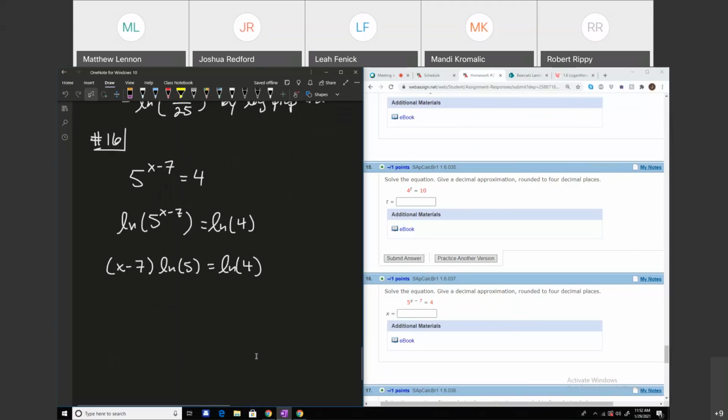I'm going to keep, let's say, 5 decimal places just so I don't have any errors when I'm rounding. If you do, you're probably just off one way or the other.